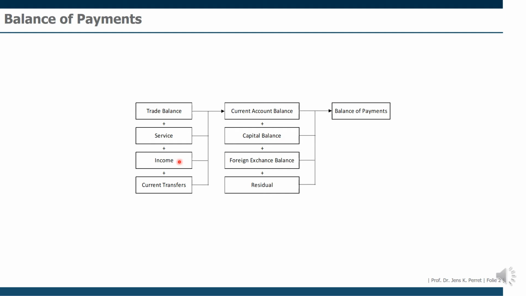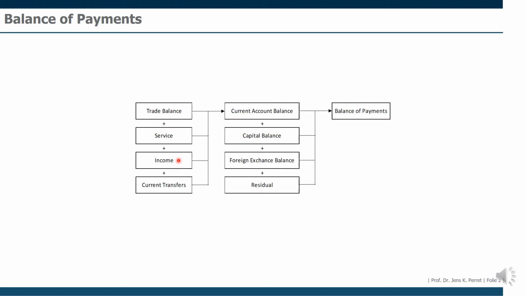This usually includes those payments which occur if you live in one country, but you commute to work in another country. This in Germany happens a lot, for example, with Germans living in Germany but working in Luxembourg, or people living in Poland working in Germany, people living in Slovakia but commuting to Vienna.